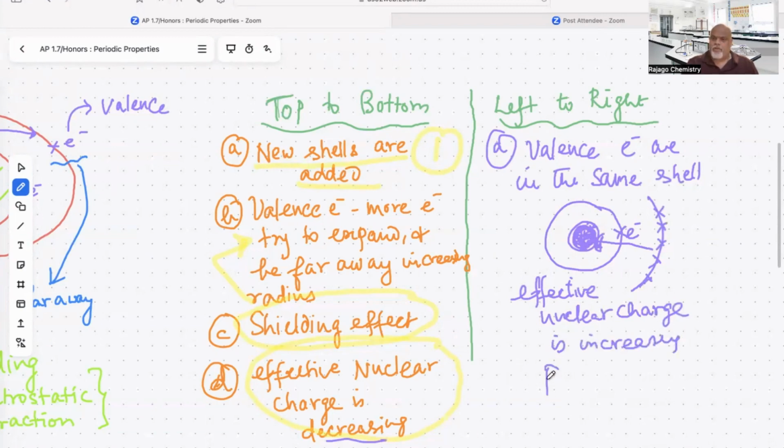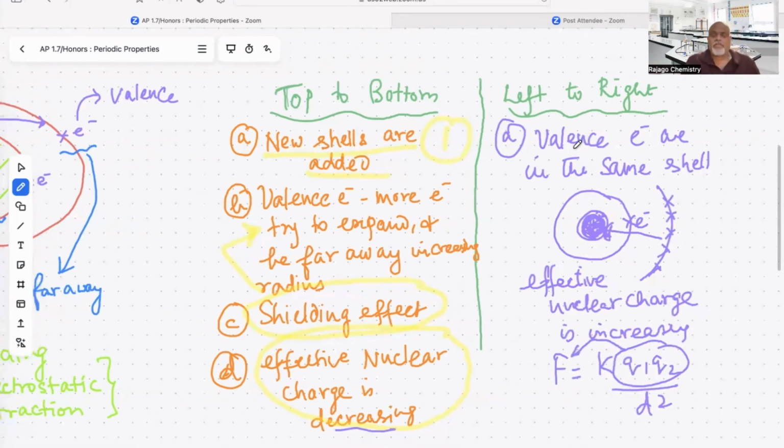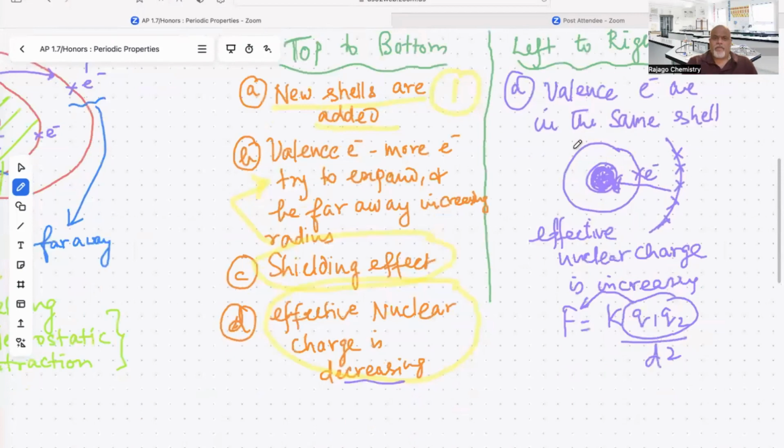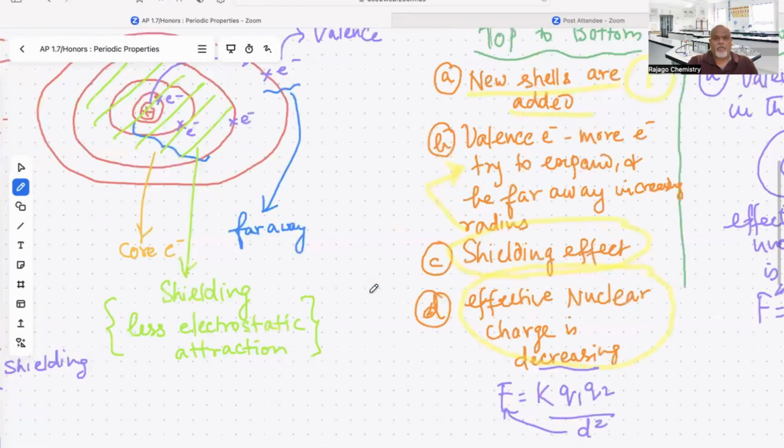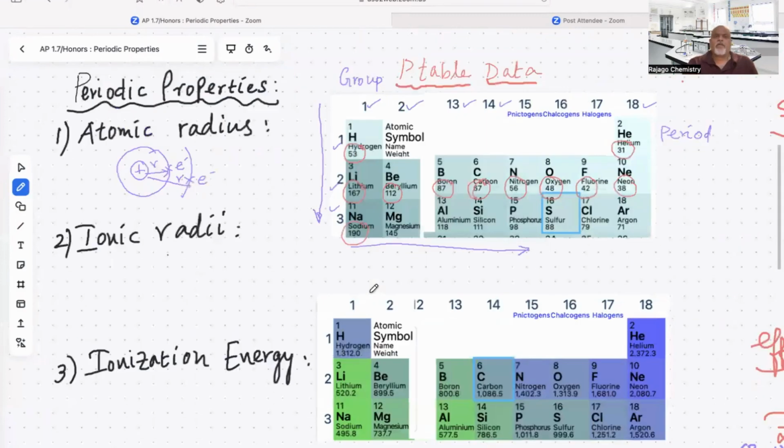And by Coulomb's law, we know that F is equal to k Q1 Q2 by r square. Here the charge is increasing. The charge helps the force of attraction, bringing that shell much smaller, right? So these are all consequences that are going to come for all the periodic properties. Here in Coulomb's law, the effect is nothing but Q1 Q2 by d square. Here the distance is increasing, right? So obviously the force of attraction is very less. So we understood that the atomic radius from top to bottom always increases.